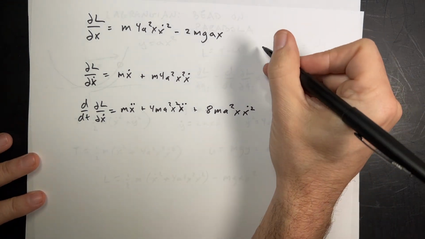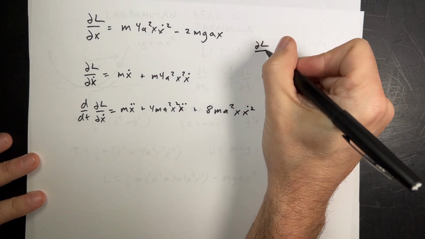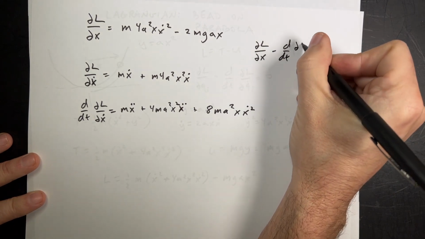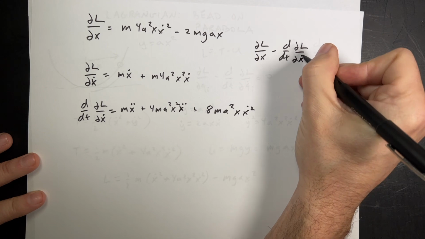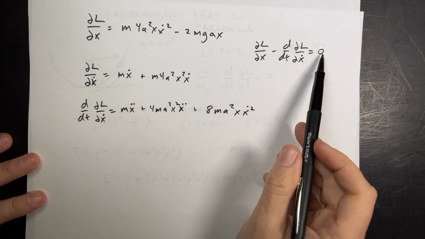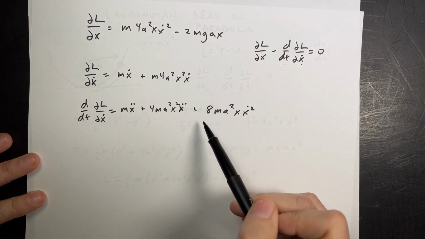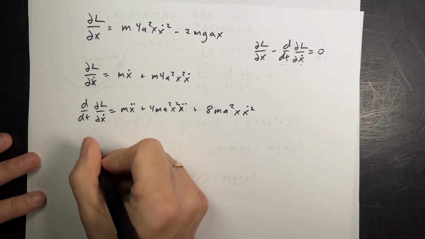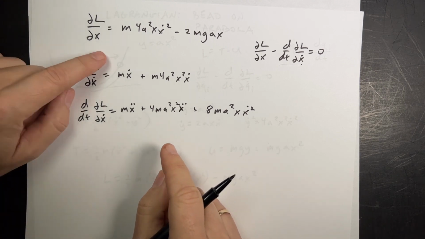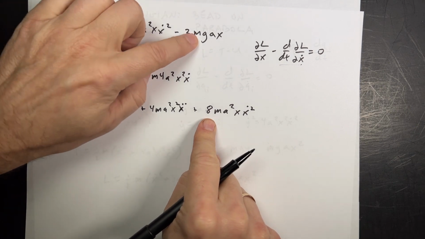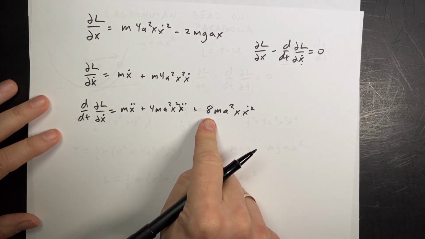Now, remember I have the partial of L with respect to x minus the time derivative of the partial of L with respect to x dot is equal to 0. So since this is equal to 0, this term has to equal that term. So let's set them equal to each other. I can divide both sides by m, so I don't have to write that.